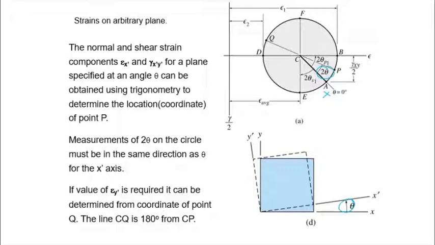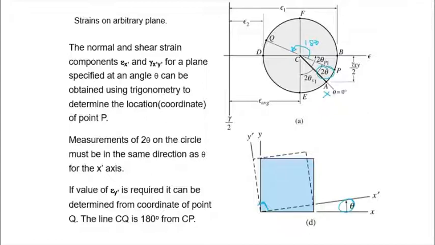That will give us a radial line CP, and if we extend to the left it is CQ. The angle here is 180 degrees, and the actual angle is 90 degrees. The element is given by the dotted lines. The broken lines will show you the actual strain element before deformation.